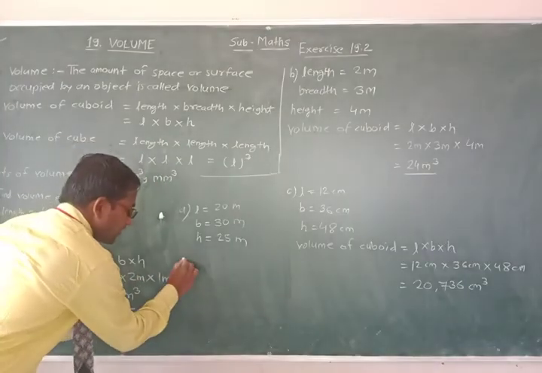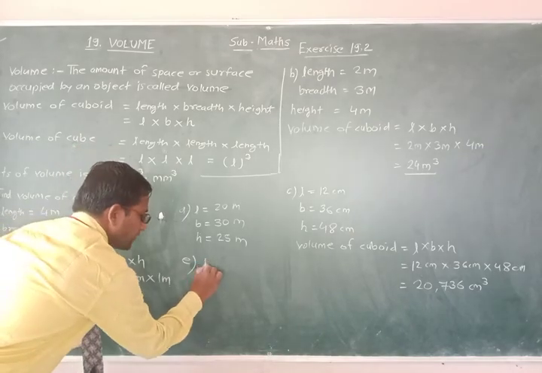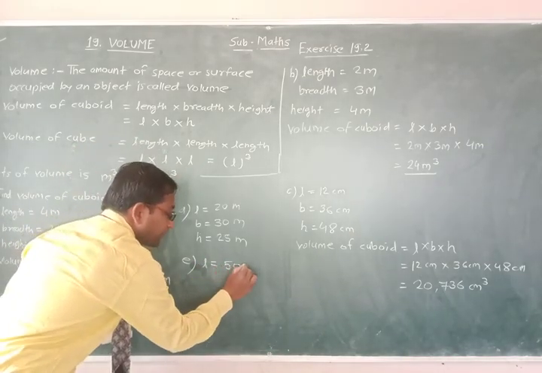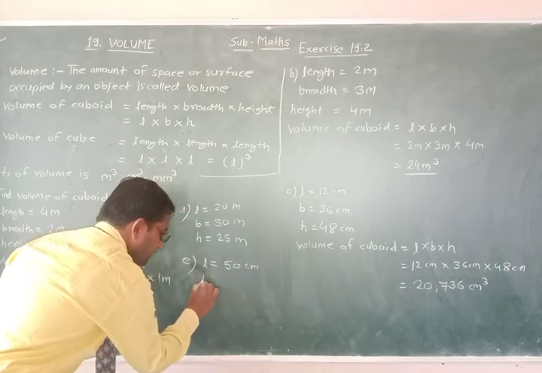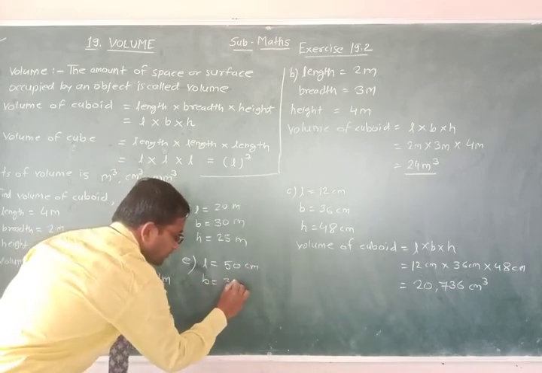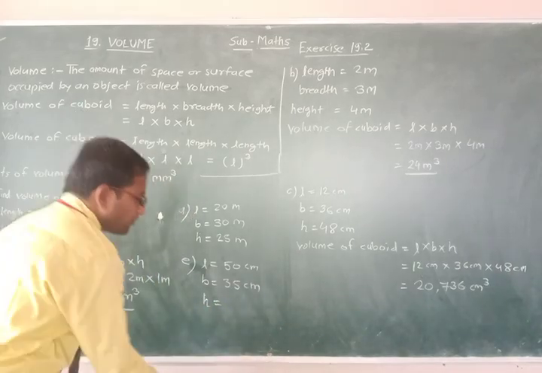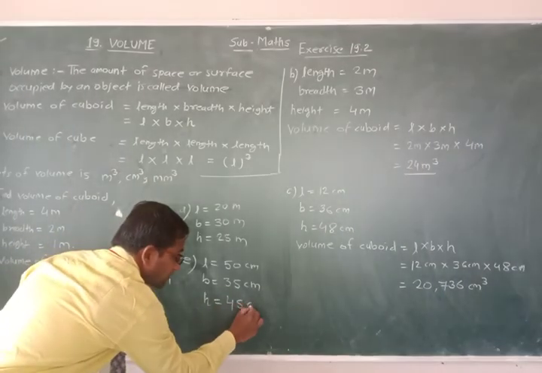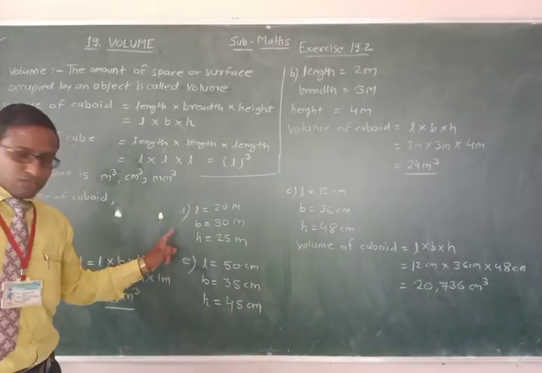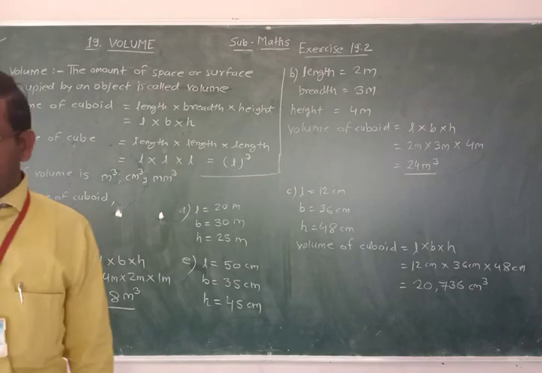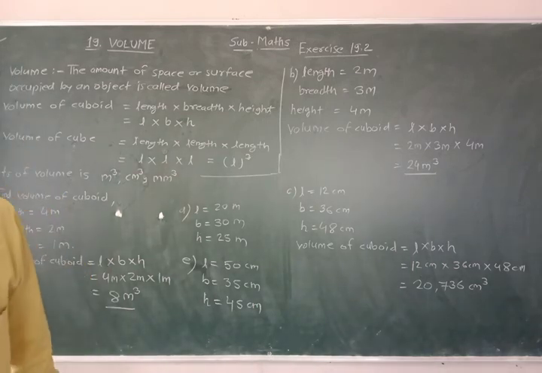Or L is equal to 50 centimeter, breadth is equal to 35 centimeter, and height is equal to 45 centimeter. You do these two examples at home. In our next period we will see how to find the volume of a cube. Okay? Thank you.